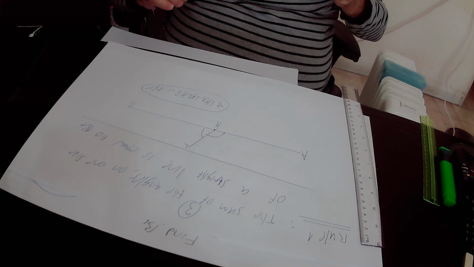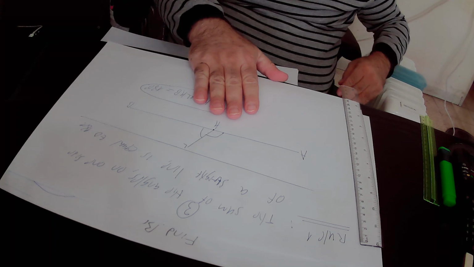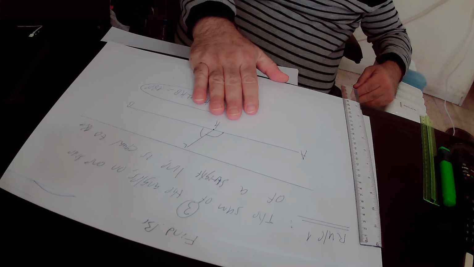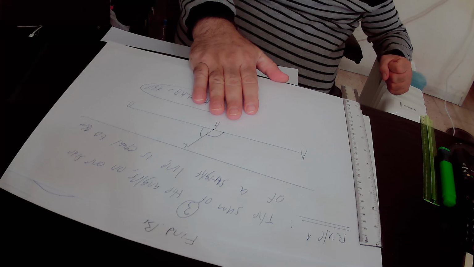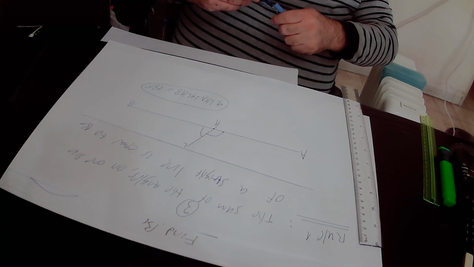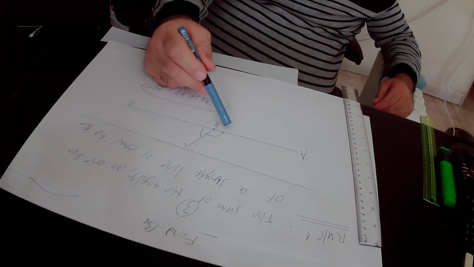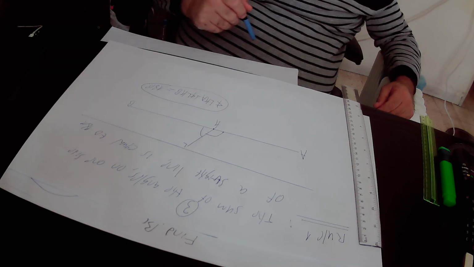The same thing is true about the lower side of AB. This is the lower side of the straight line AB, and therefore, according to rule number 1, the sum of the angles in the lower side of the straight line AB at point K, that is to say, this angle, must be also equal to 180 degrees.